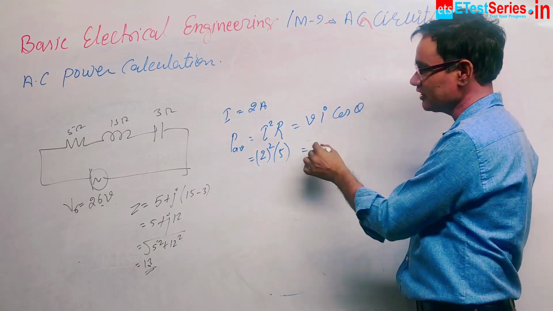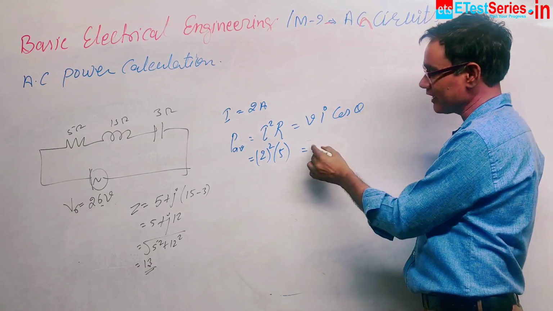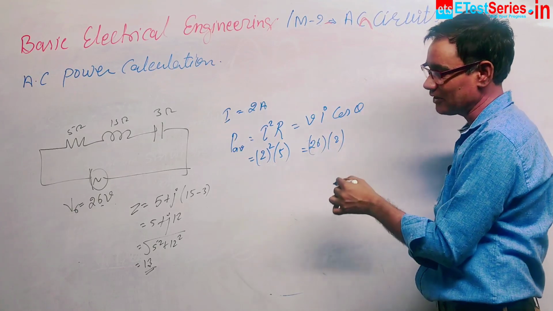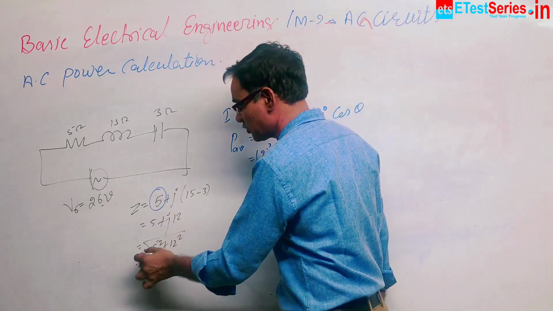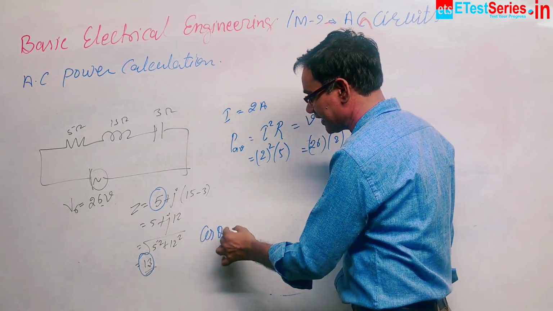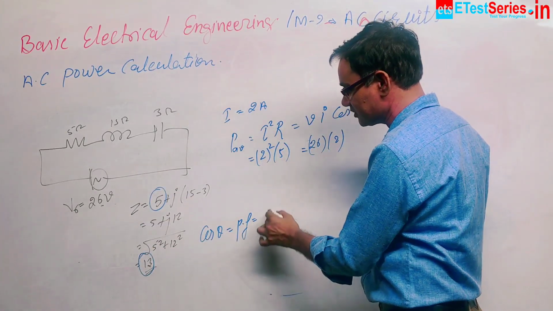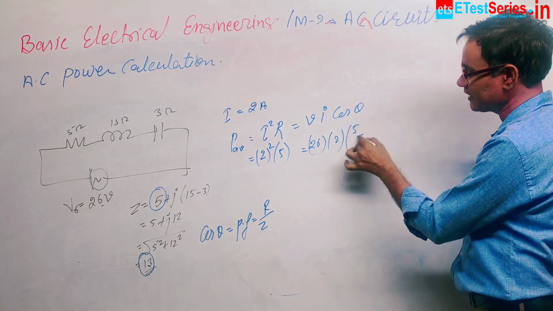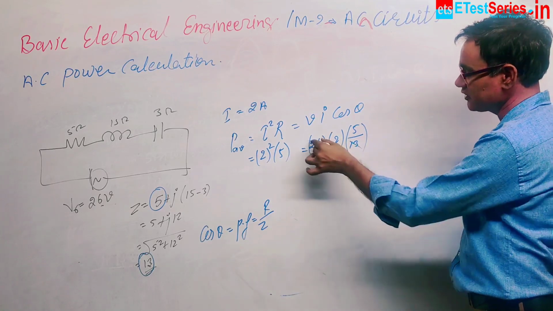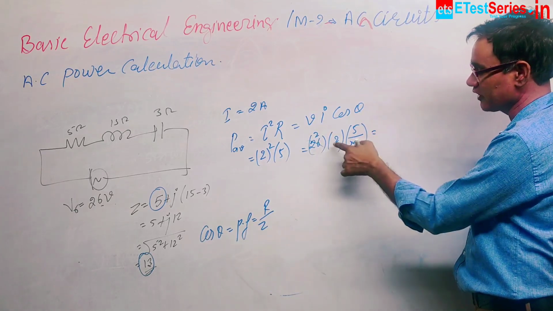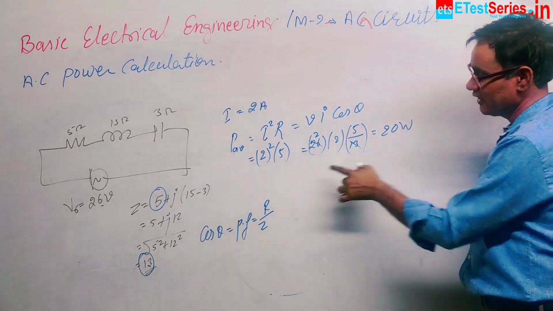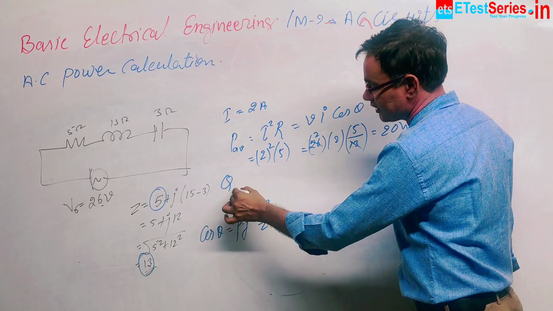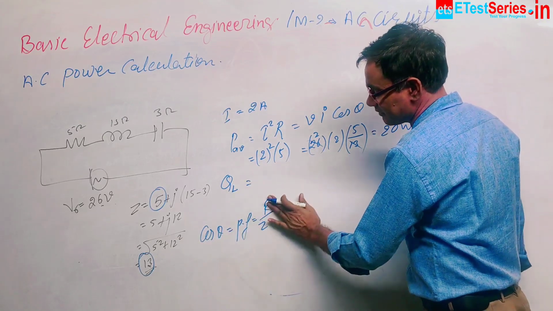Or here the voltage is the supplied voltage 26, the supplied current is 2 ampere, and the power factor of this circuit, cos phi, is known as the power factor of the circuit, which is nothing but R upon Z. So the value of R here is 5 and Z is equal to 13. So this gives 4 into 5, 20 watt, and here 26 into 2 into 5 by 13 is also 20 watt. If you want to calculate the reactive power in the inductor's reactive power.